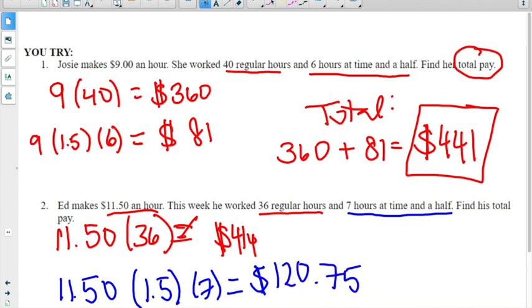Okay, which means that our total pay for Ed, we need to add 414 plus 120.75. When we add those two numbers together, we should get $534.75.